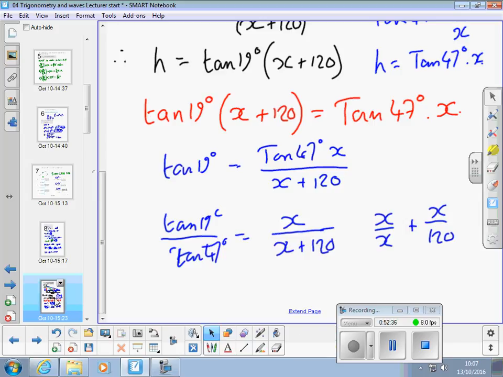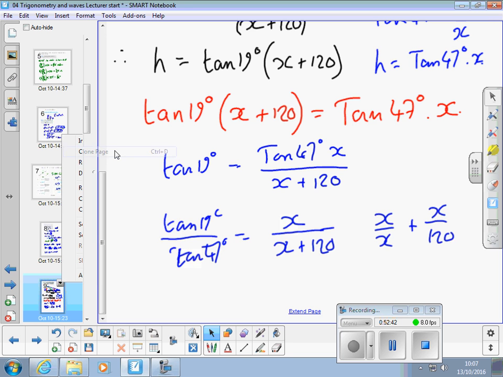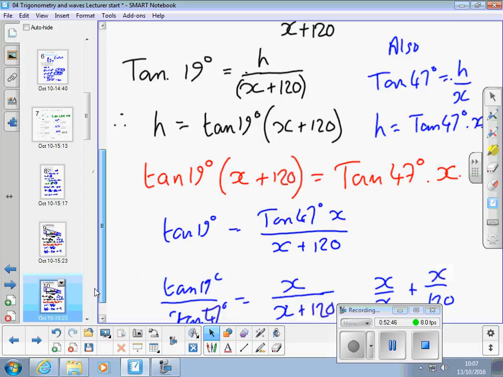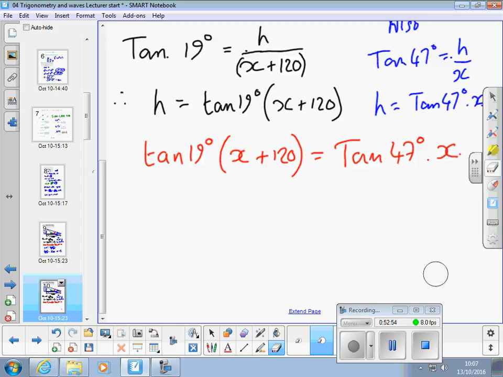The best way to start with this, I'm going to repeat the page. I'm going to leave that on for the benefit of the video. Your best bet here is to get rid of them brackets. Multiply them brackets out.